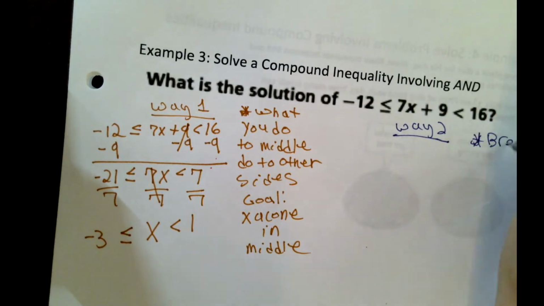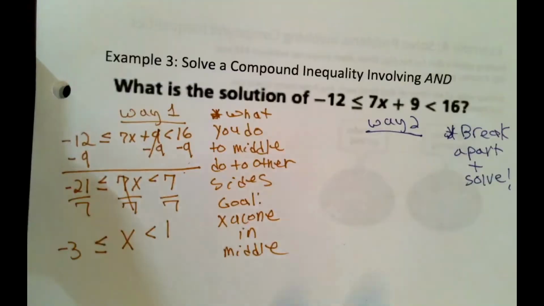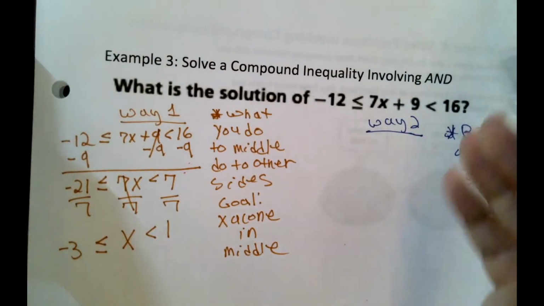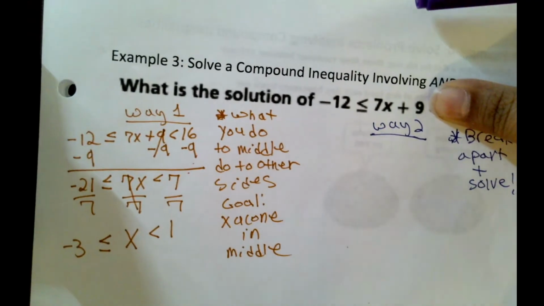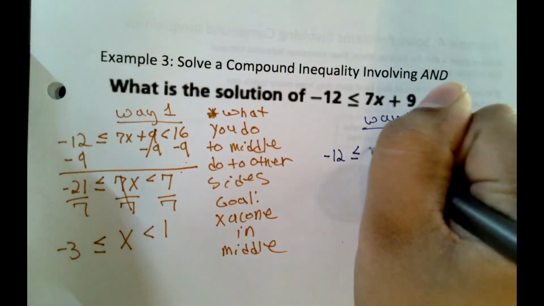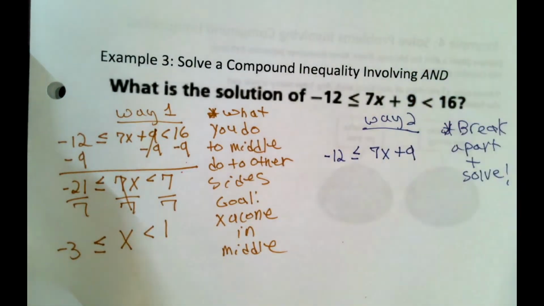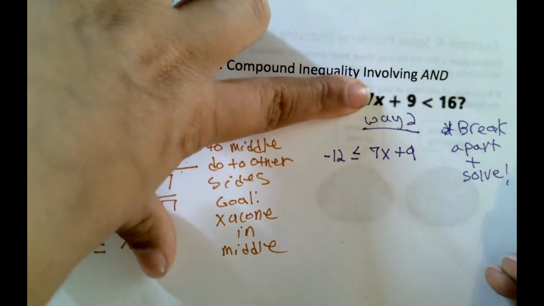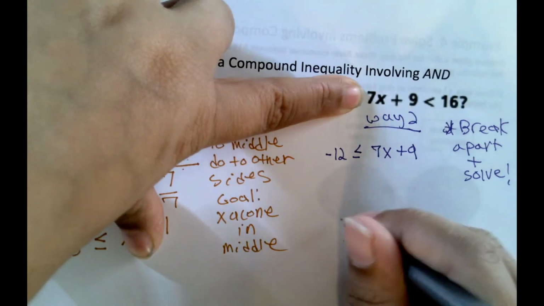So what you would do is act like this guy didn't exist and just write what you see. So -12 less than 7x plus 9. Then you do the same thing. Act like that guy didn't exist and write what you see. 7x plus 9 less than 16. Now you have 2 different ones, and it is an and, so you just solve it out.